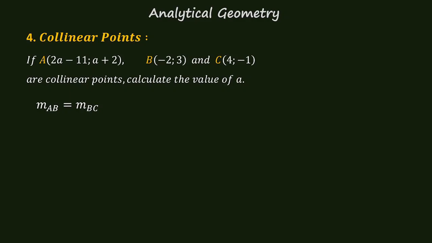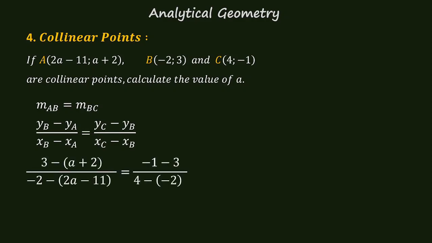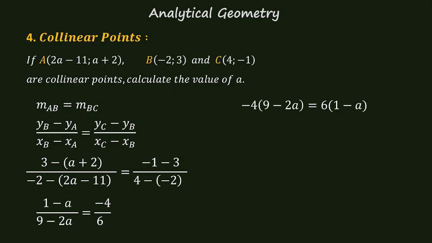So I calculate the gradient of AB and the gradient of BC, equate the two and simplify, and I get my value of A to be 3. So the value of A is 3, by using the property of collinear points, that they have an equal gradient.